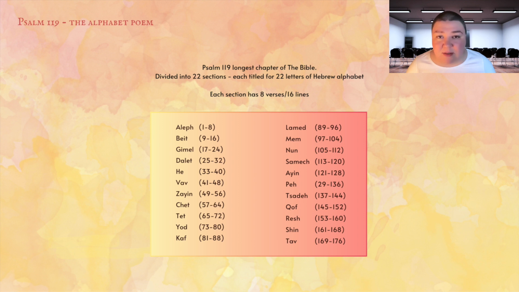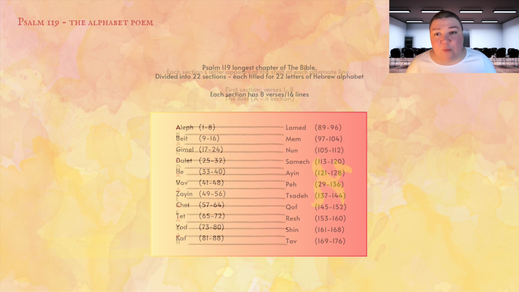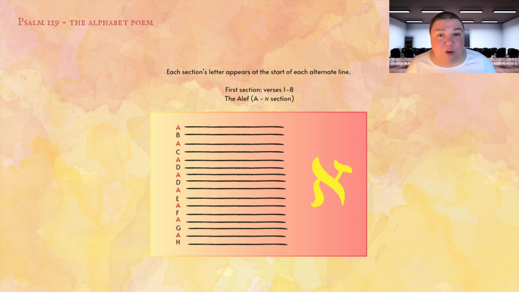Each section has 16 lines, and that section's letter appears at the start of each alternate line. So, for example, the first 8 verses contain 16 lines of poetry, and every other line begins with Aleph, the first letter of the Hebrew alphabet.